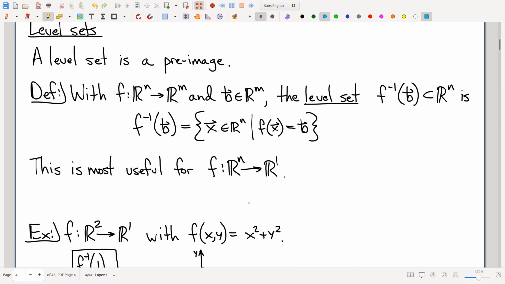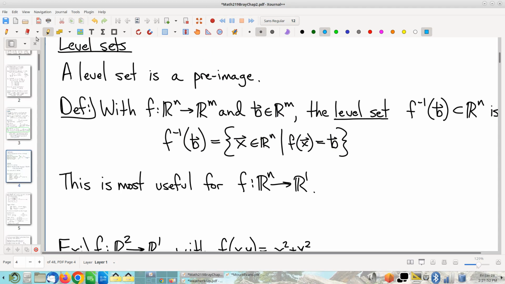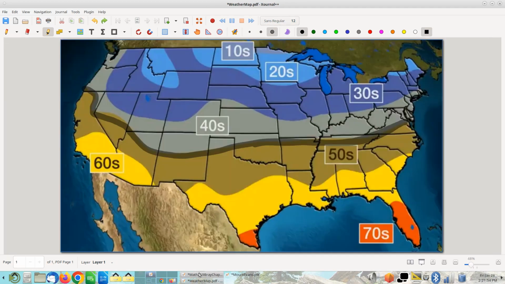Let me show you an example where I claim you've already seen level sets. Weather maps. Assuming you all have seen pictures like this. You can tell it's really cold up here in Minnesota.